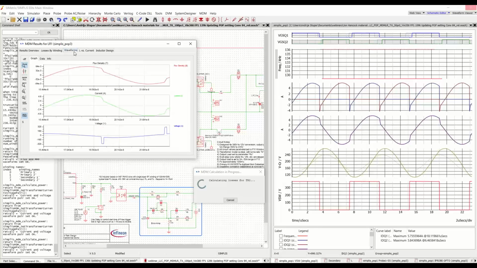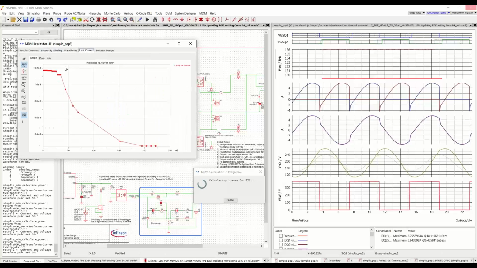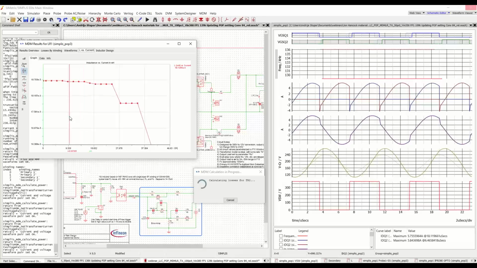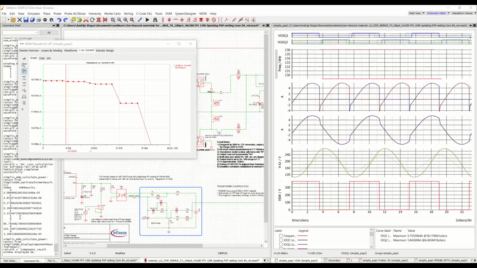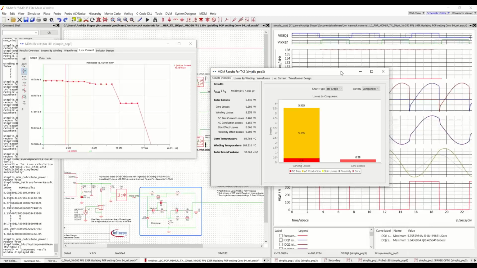So that's why it's on the characteristics. We can see here that our peak current is about 5 amps, and if we zoom in on our L versus current characteristic, we can see that we are far away from saturation here, even at double that, at like 10 amps. Okay. And here are our results. So I'm going to remind you that our loss budget for the transformer at full load was 3 watts.